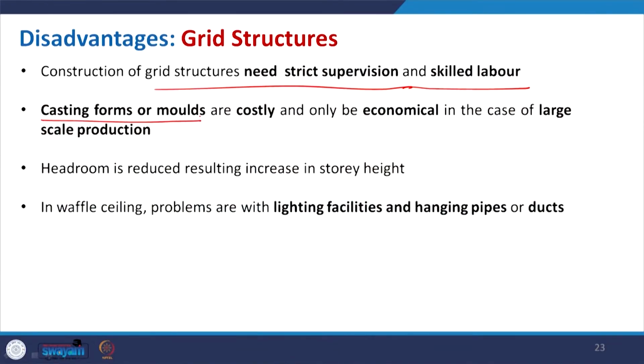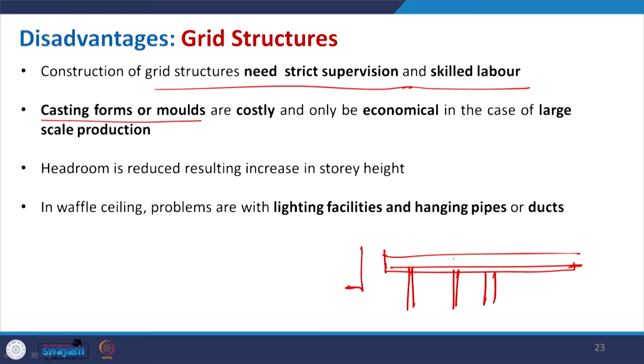Now, casting of that, the formwork or molds to get this particular form. Suppose when you make the shuttering for the flat slab, it is very simple: we give a horizontal member and the vertical props, and we lay the concrete.